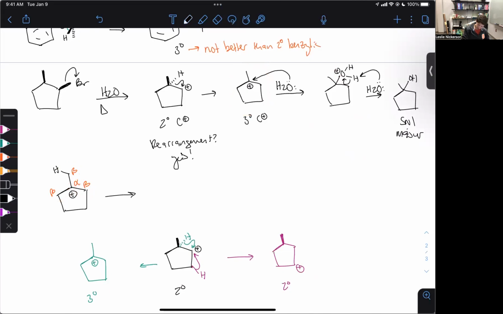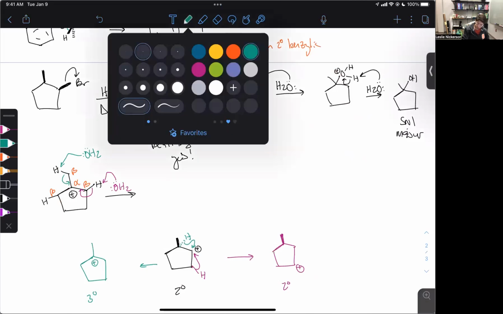let's draw them in here. I'm going to cheat and I'm going to do this with different colors. So we grab the H, form the pi bond, and also do the same thing with the one here. Grab the H, make the pi bond, and then I need one other color.